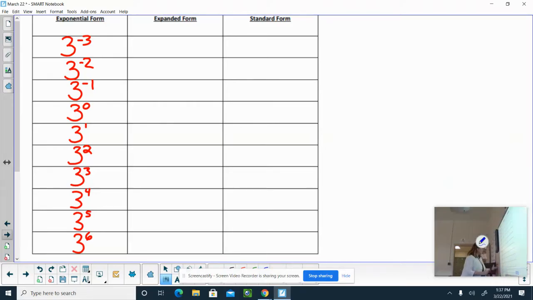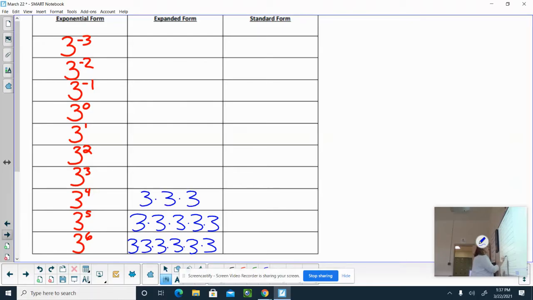So I'll start with the positives. 3 to the 6th power is 3 times 3 times 3 times 3 times 3 times 3, which is, and then I'll just fill this all in with my 3's. It's like a little pyramid.